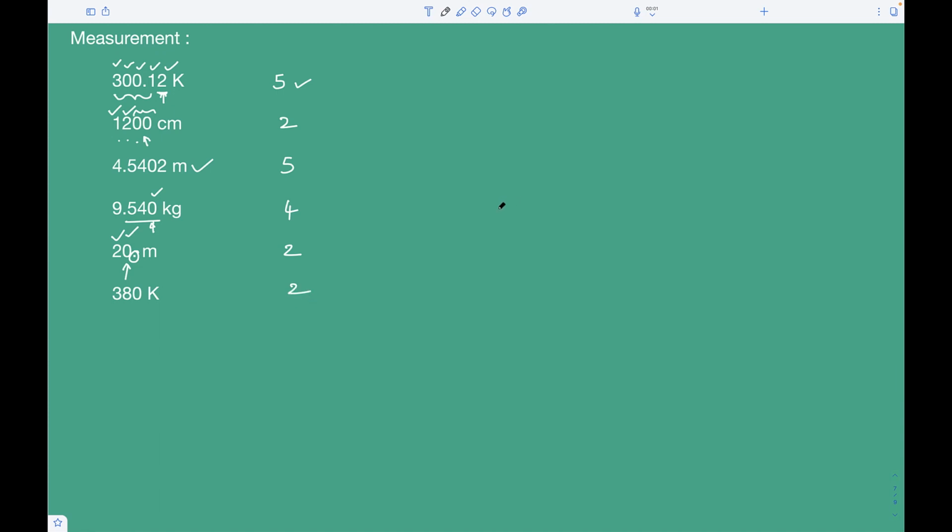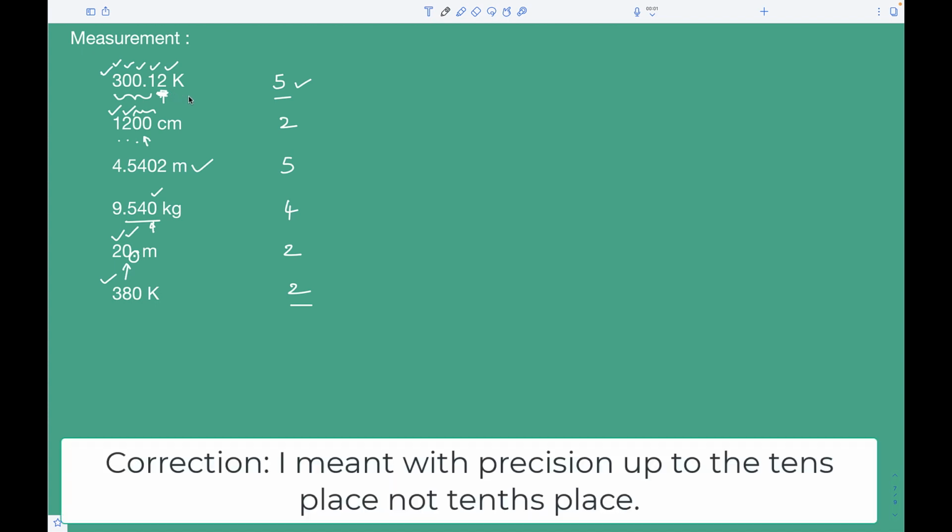Now, what is the significance of significant figures? See, in this temperature, there are 5 significant figures, and in this temperature, there are only 2 significant figures. So what is the difference between these 2 measurements? In this measurement, we know the temperature up to the second decimal place, that is the 100th place. Whereas in this case, we are able to measure the temperature only up to the 10th place.